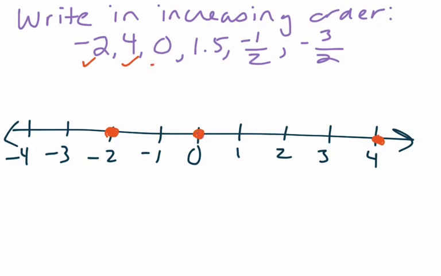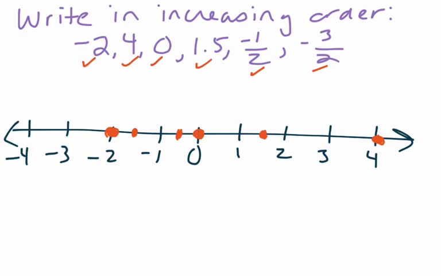All my students know it's my favorite number. 1.5, so that's 1 and 5/10, halfway between 1 and 2. Negative 1/2, so negative means we're going to the left, but we don't want to get all the way to the negative 1. We only want to go half of the way. And then negative 3/2. So we have to think about that. Here's 1/2, 2/2, 3/2. Right there.